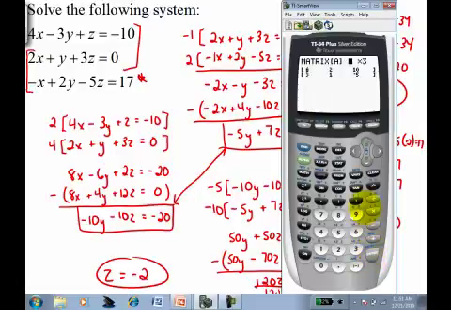But this time, because it's a 3-variable equation, we have to change the dimensions. And remember, this is rows by columns, but for our purposes, the first number is the number of equations, so that's 3. And the second number is the number of variables plus 1. So the number of variables, x, y, z, is 3, plus the answer is 4.